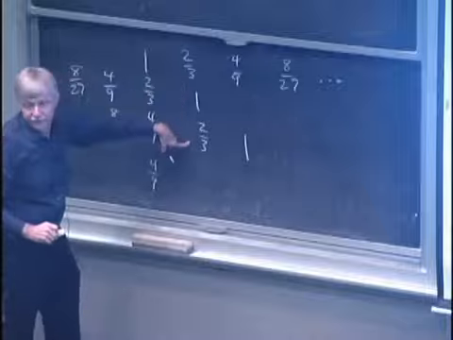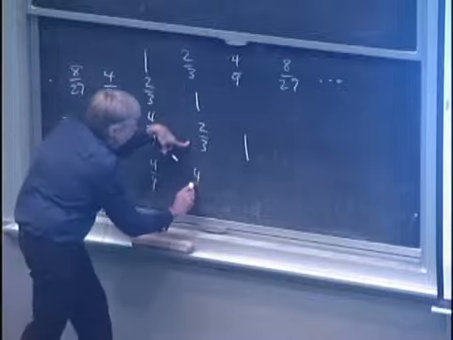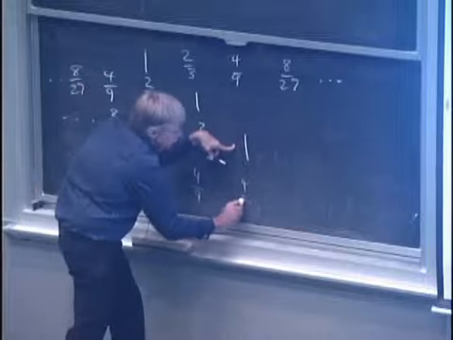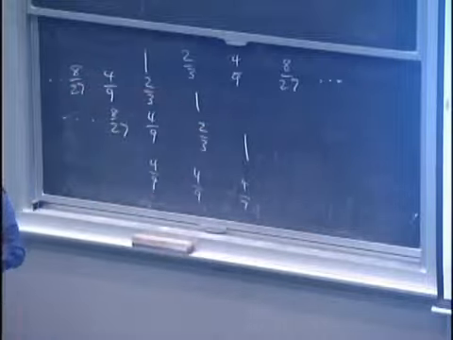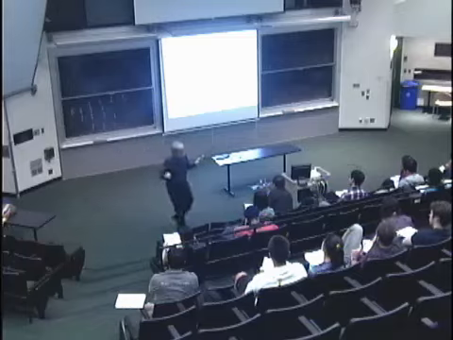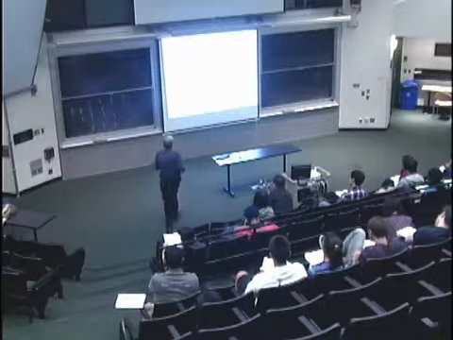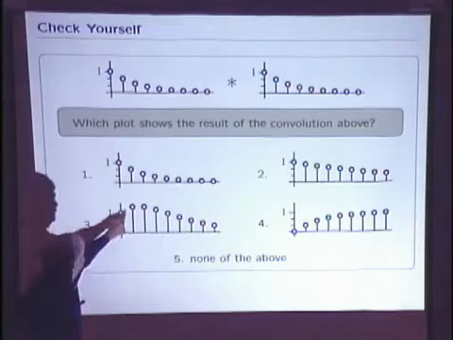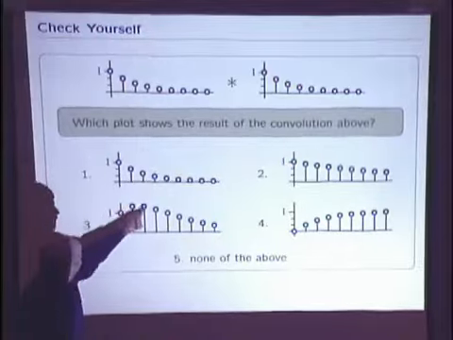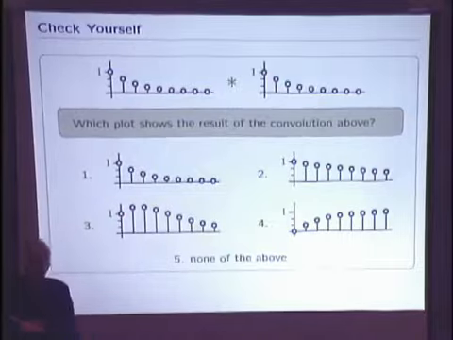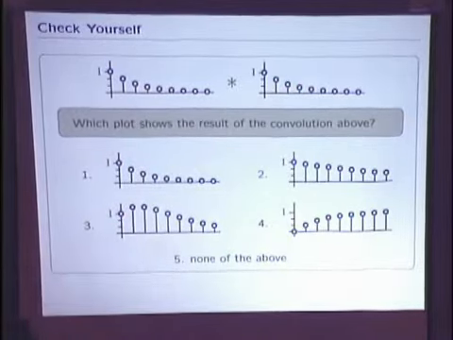Multiply 2/3 times 2/3, I get 4/9. Multiply 4/9 times 1, I get 4/9. The sum of those is 4/3. So I get 1, 4/3, 4/3. So you can see it's tracing out this waveform so far. This is the only one that has up and then flat. And if I continue that process, it'll start to fall off.